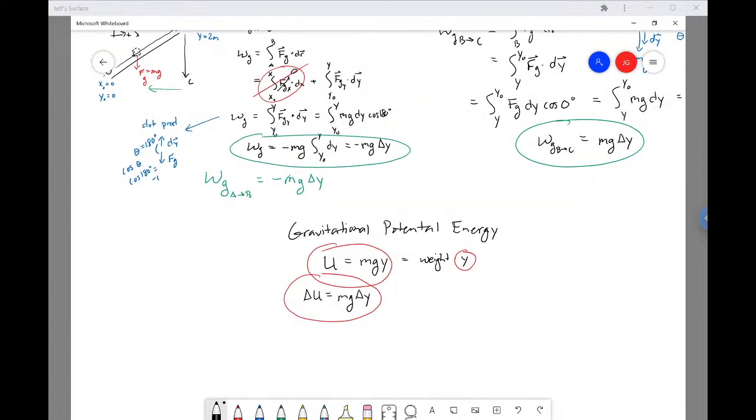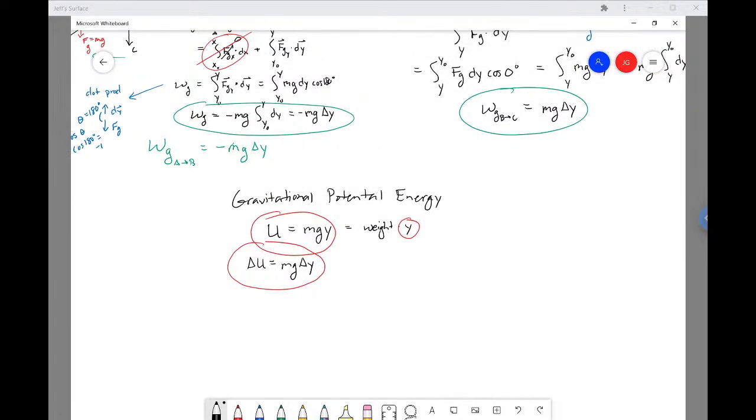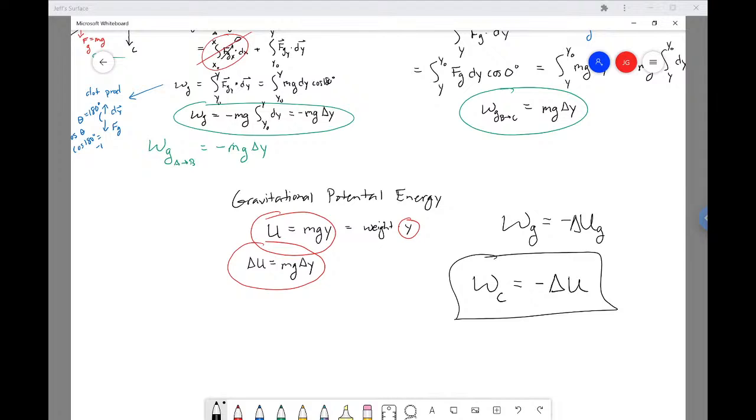But one of the things that we discovered from doing all this work is that the work done by gravity is equal to the negative change in gravitational potential energy. And this is a standard result that you would get for any conservative force: the work done by a conservative force is equal to the negative change in the potential energy associated with that conservative force.